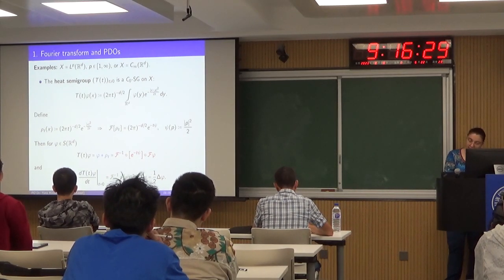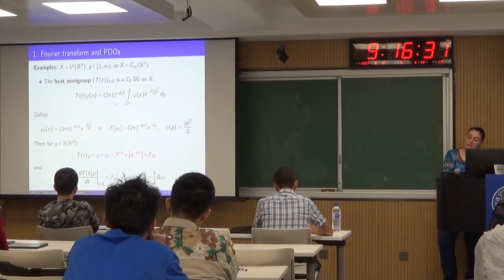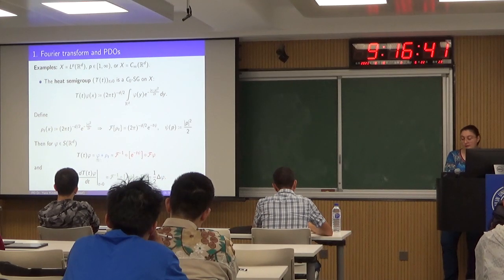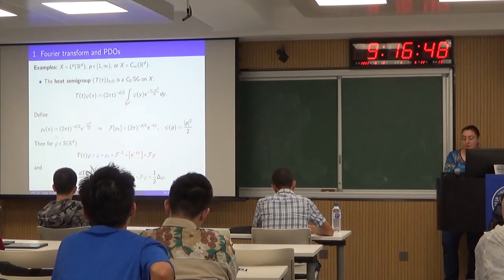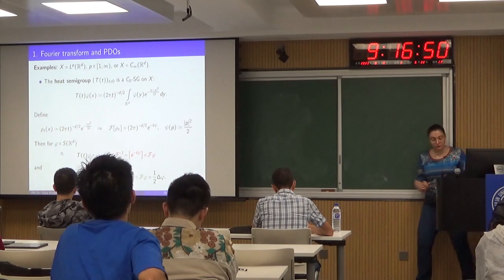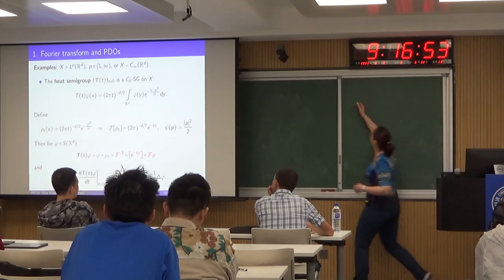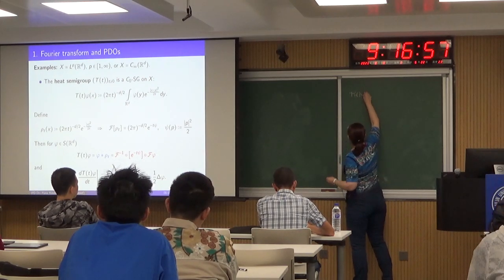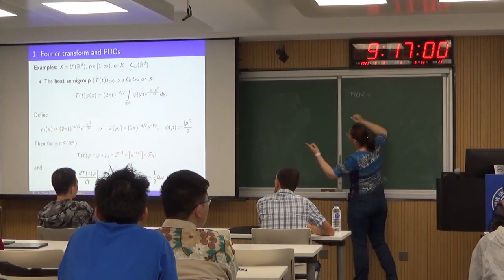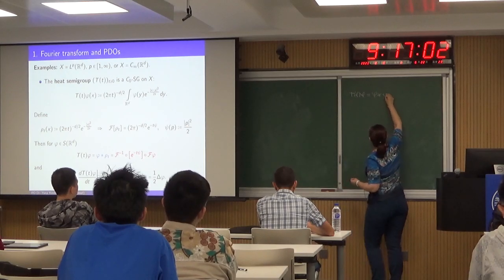So what do we see here? This formula gives us a convolution between the function phi and the function rho t. So my semigroup acts as this convolution. On the other hand, if we consider nice functions phi from the Schwartz space, then T_t of phi, as we have already discussed, is the convolution of phi and rho t.